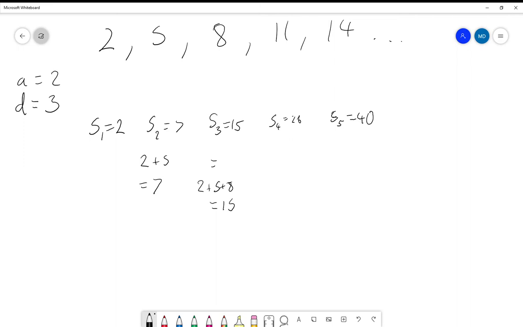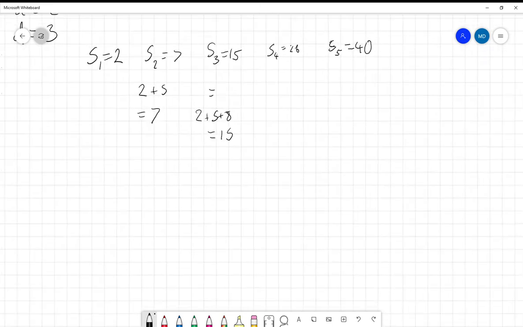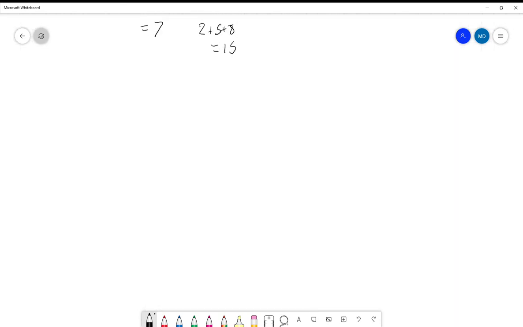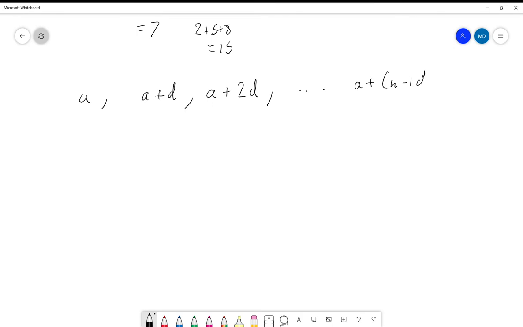Now what we want is a formula. Let's say we have a sequence a, a plus d, a plus 2d, all the way up to a plus n minus 1 d.